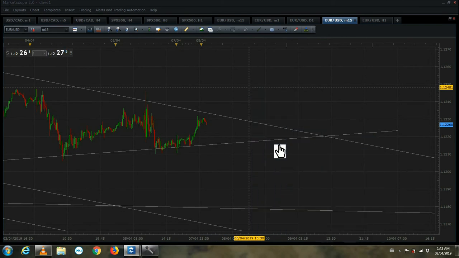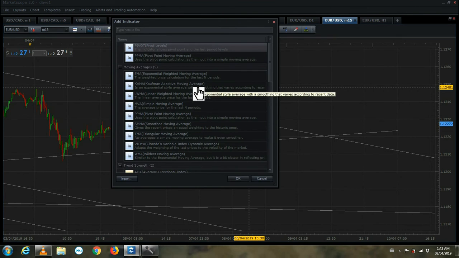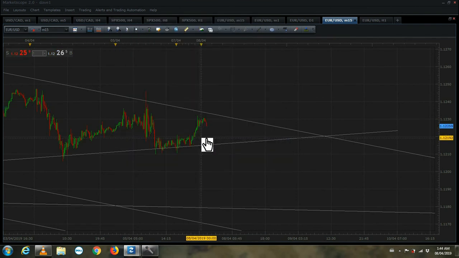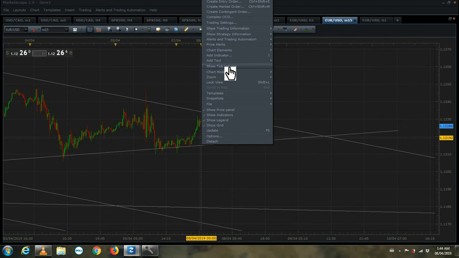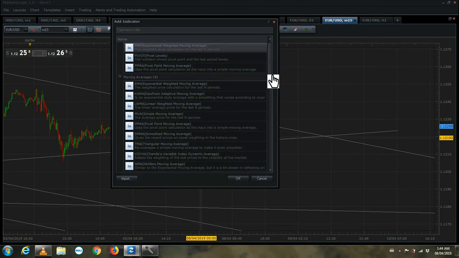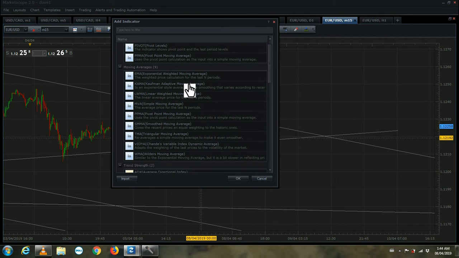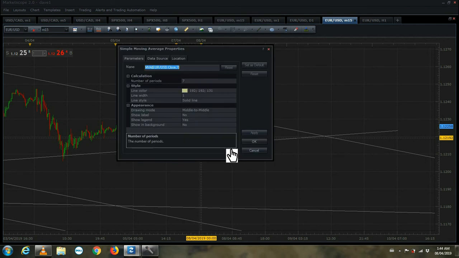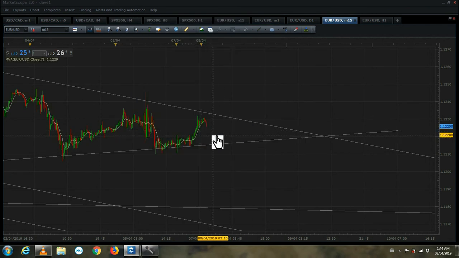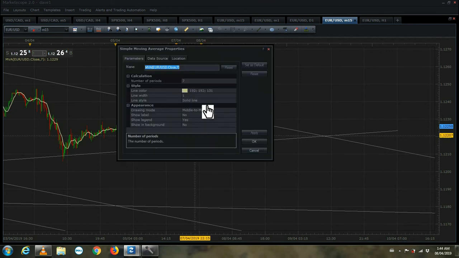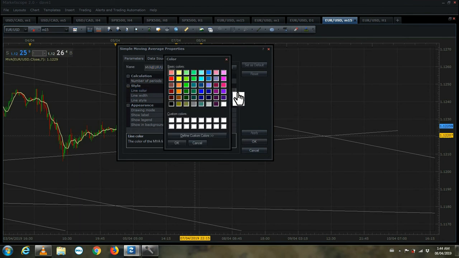So, say for instance, I want to put a moving average on here. Yeah, moving average. Sticking it up so you can see it a little better.